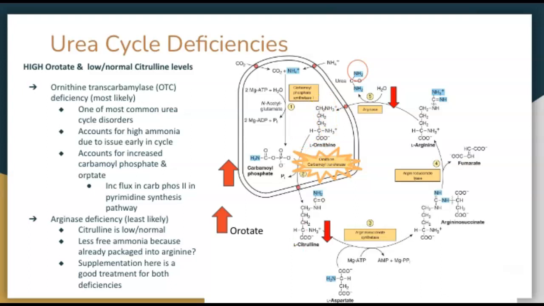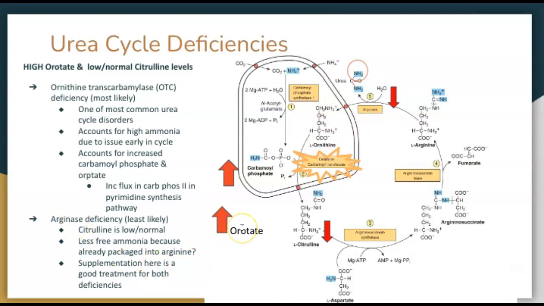And then since this is low all the way throughout the cycle, we can see low levels of arginine and arginase, which is responsible for cleaving urea out of this cycle, and so it would make sense why we have a high serum ammonia level, because this isn't happening as well.